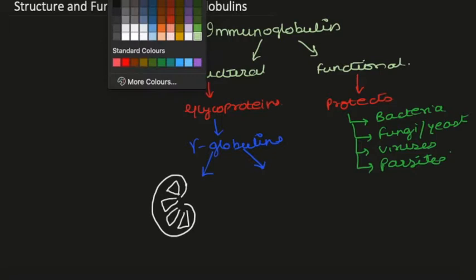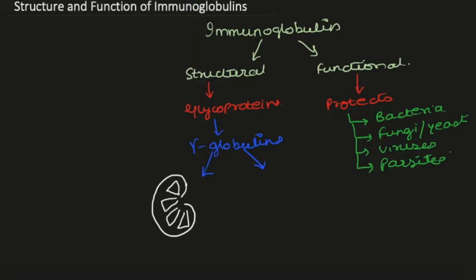Among these structures there is one particular structure called the germinal center. This germinal center is the region where the formation of gamma globulins takes place.